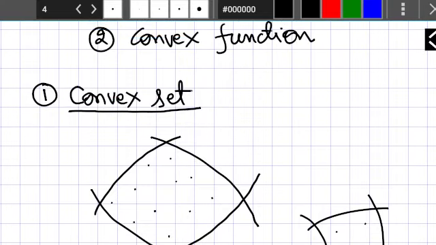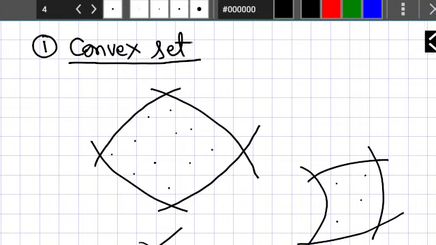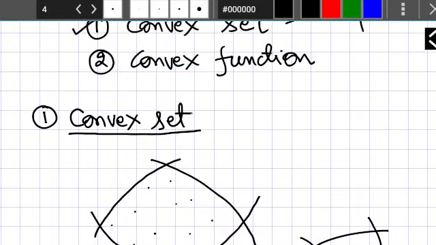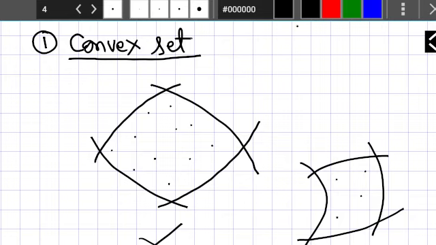So how will you decide whether this set of points is convex or concave? For this we need to do something like this: we draw a line. We take one point here on any of the four graphs, and one point here.